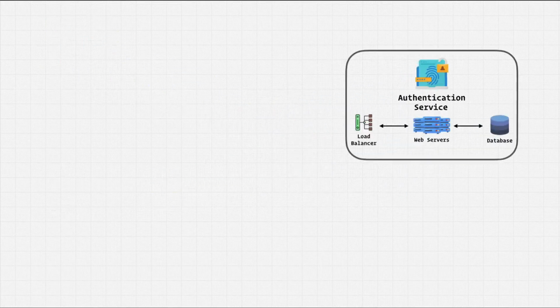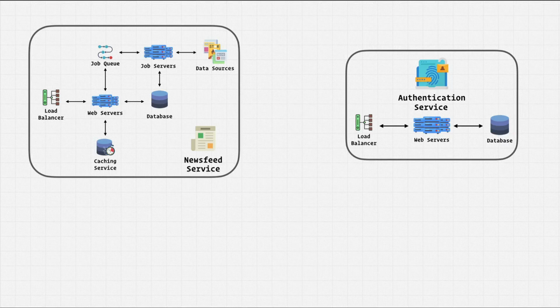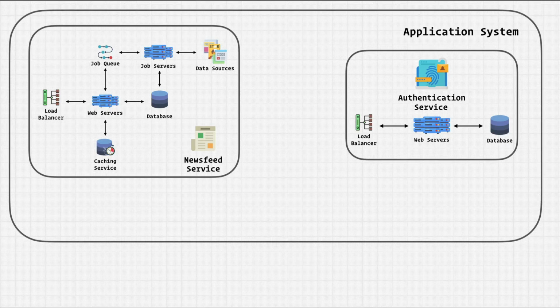So now that we have this combined with our newsfeed service, we can now think about how our overall system is comprised of these two services. And then, of course, our application system, meaning our overall system of this Facebook application that we're looking at, is pretty much containing these two individual services inside.